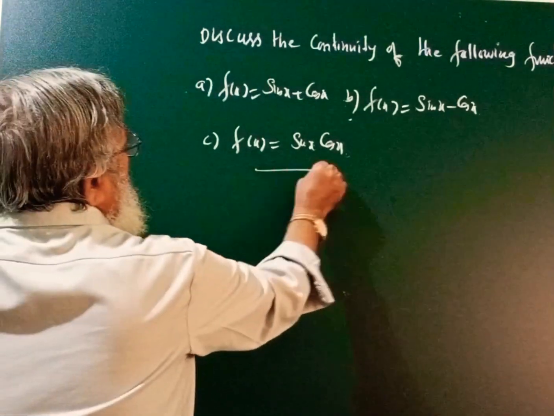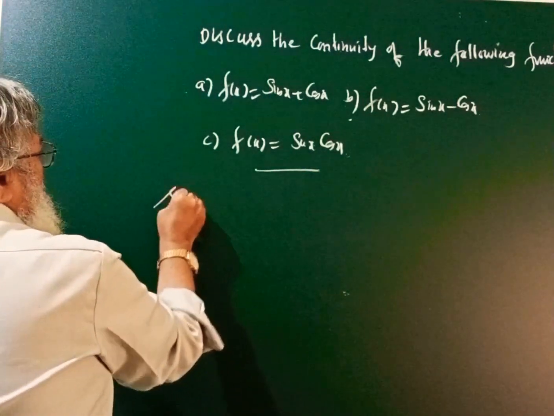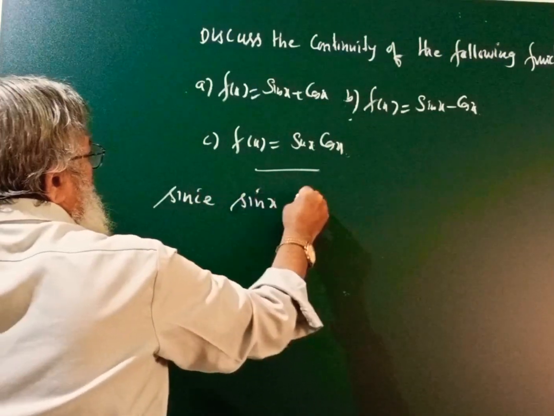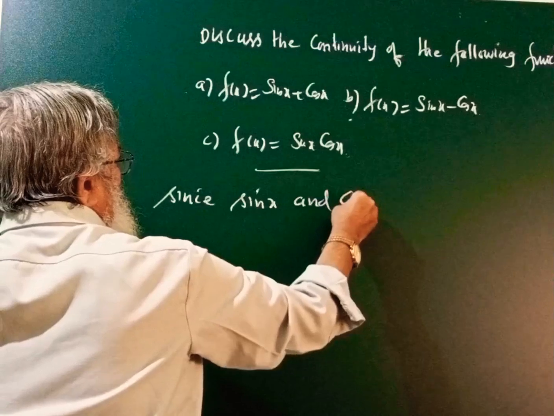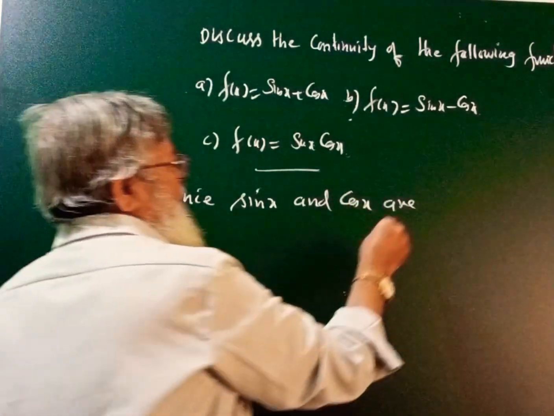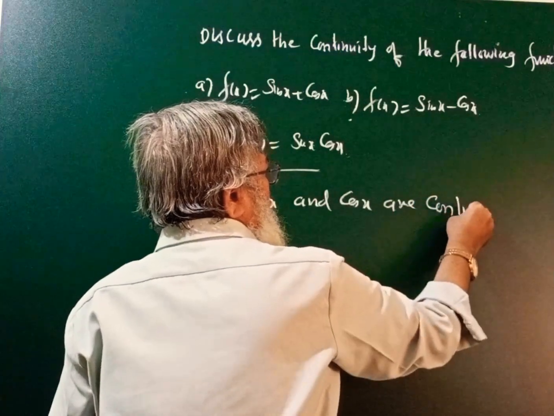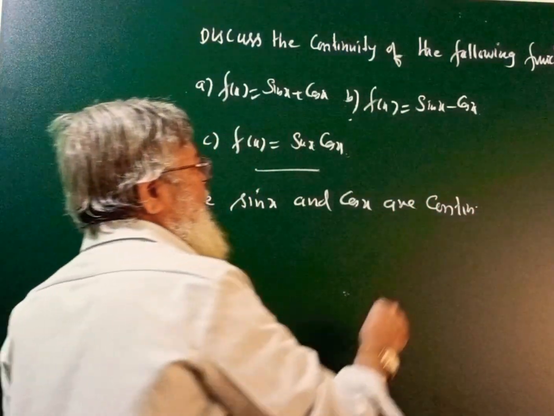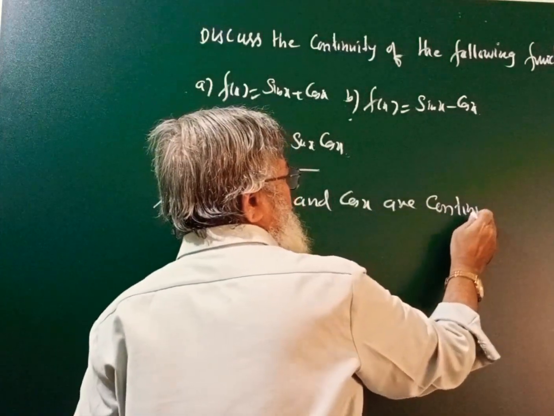Look here, we know since sin x and cos x are continuous functions. We have proved it, and if you want to prove, you can prove it each separately. So sin x and cos x are continuous functions.